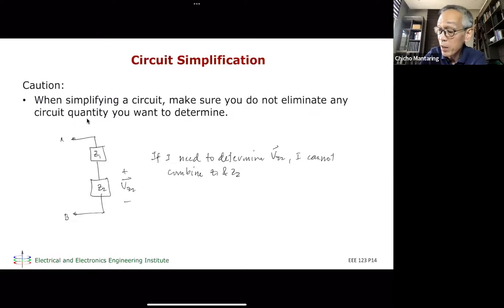Because if I combine these two, of course this variable will disappear. The V of Z2 will be gone because Z2 is gone, since I merged Z1 and Z2. So that's an important rule in circuit simplification. In your simplification, you have to make sure you do not eliminate the circuit quantity you want to determine.